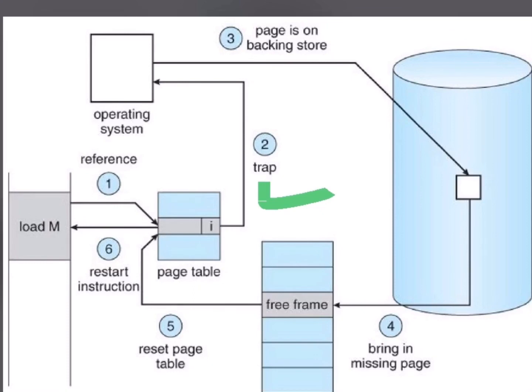That means it cannot be masked and it cannot be ignored. The OS is bound to pay attention to this source of the trap, an addressing error. Now the trap gets to the OS.